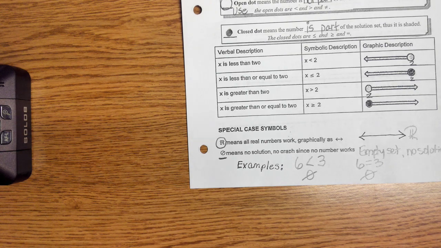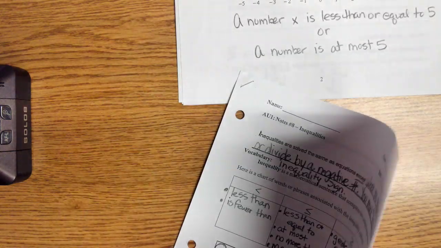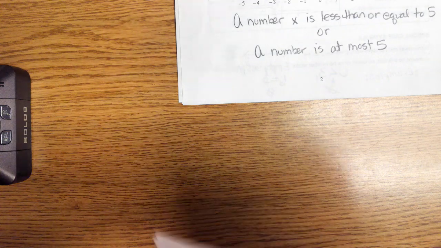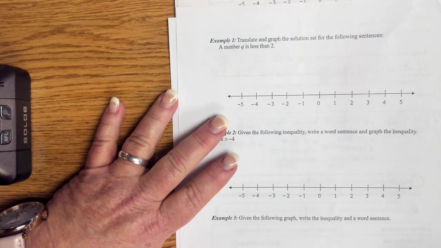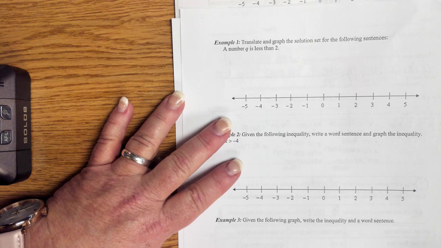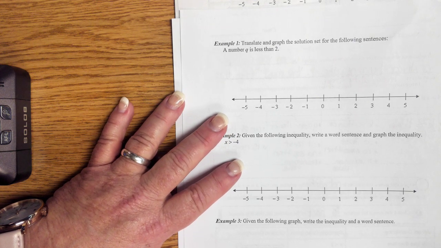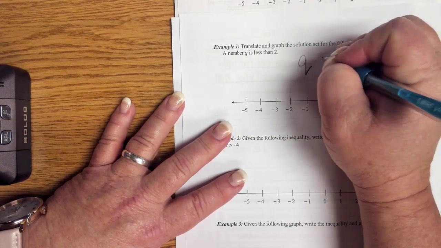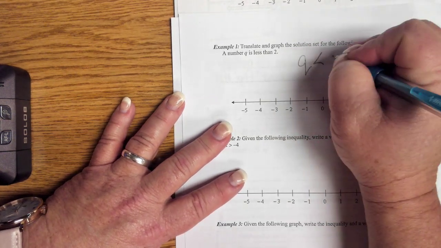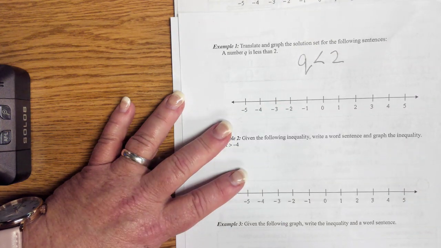Slowly retreat. All right. It looks like a lot, but these are pretty simple things, okay? It says, example 1, translate and graph the solution set for the following sentences. A number Q is less than 2. So how are we going to write that? Q is less than 2, that's the translation. Then it says to graph it.